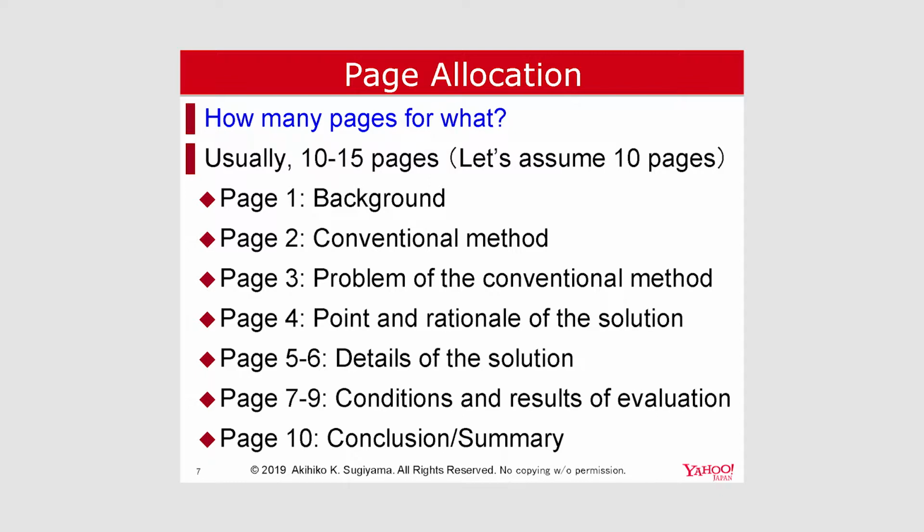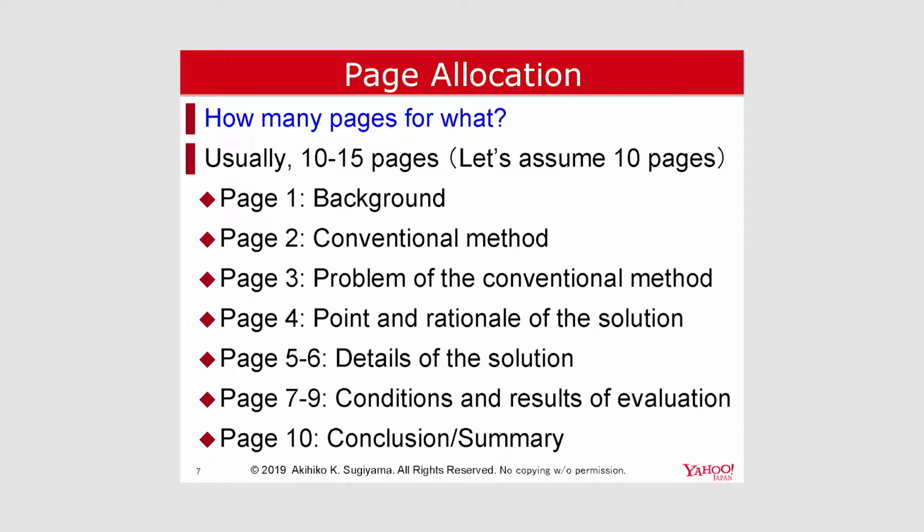All right? Page 3 should tell the problem of the conventional method. In page 4, you are going to point out what is the point of your research and rationale of your solution. In pages 5 and 6, we'll talk about the details of the solution so that it will be well understood by the audience.